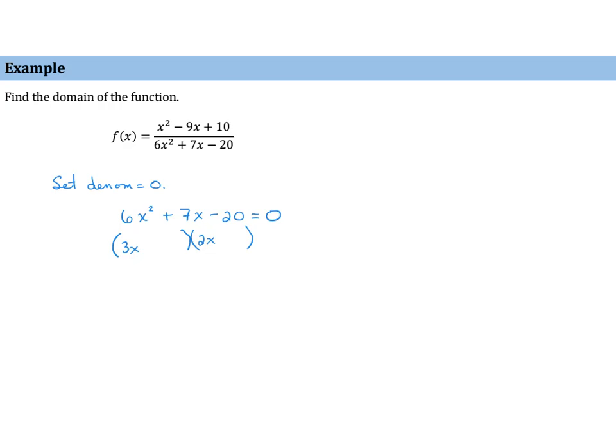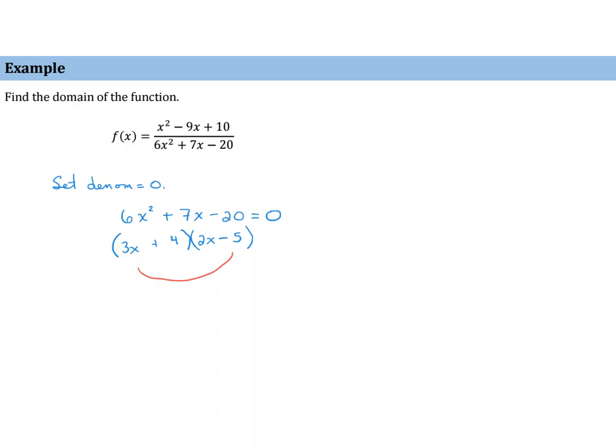So if I try 5 and 4, it would make sense not to put the 4 with 2 because it would share a common factor. So I'll put the 4 over here and the 5 over here. And if I try plus or minus, notice we get 8x and negative 15x. That gives us negative 7x, which means that we have the wrong signs.